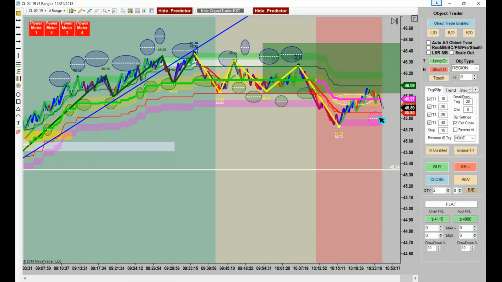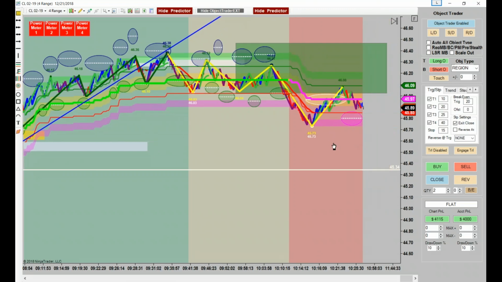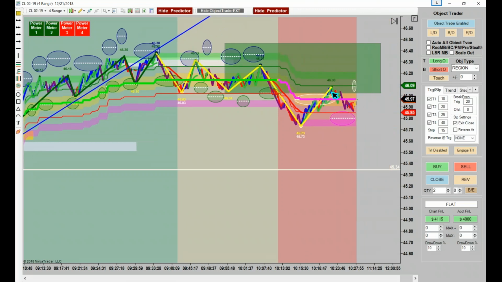Okay. So if you see that done in real time in the room, what I do in my webinars is I show you why we got the trade. Okay. And using these little boxes and everything is very powerful using Object Trader. You can get some phenomenally good trades just simply trading with Object Trader.